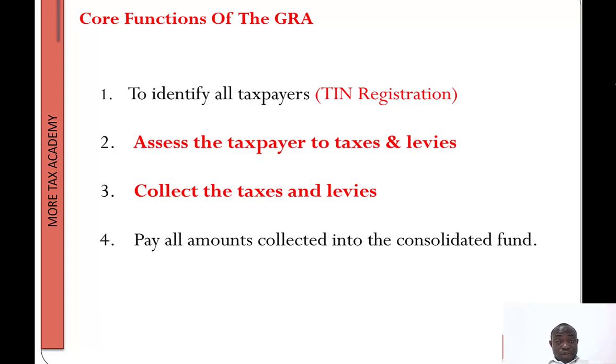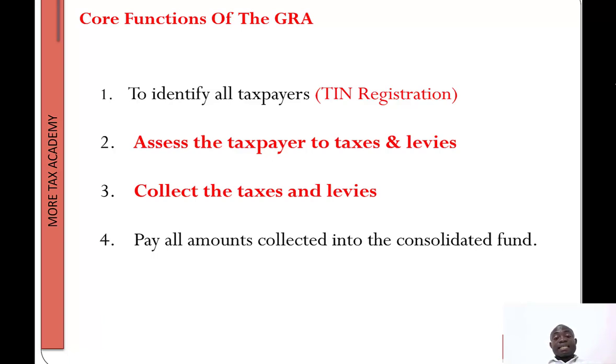We all know what is going on now, the linking of the old TIN to the Ghana card. In other words, you can't collect taxes if you don't know the people. So the first thing anybody should do is identify our people, our customers or taxpayers.